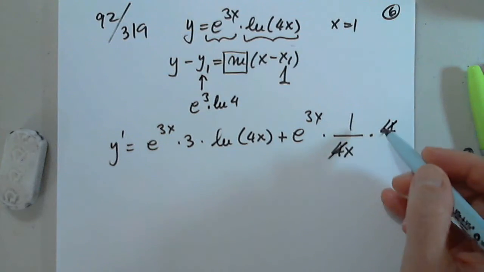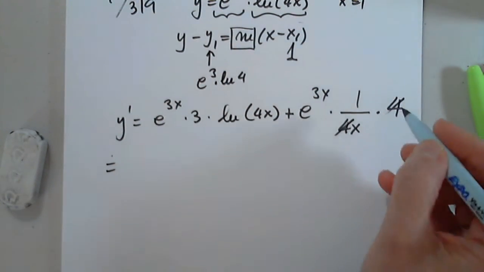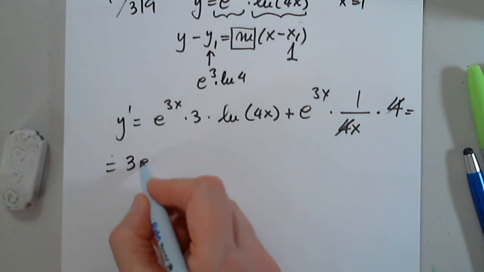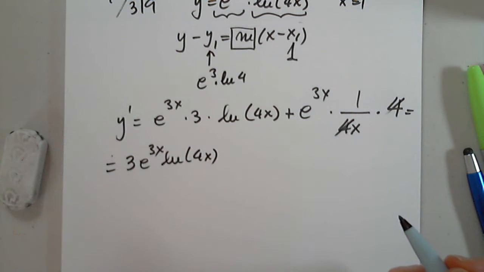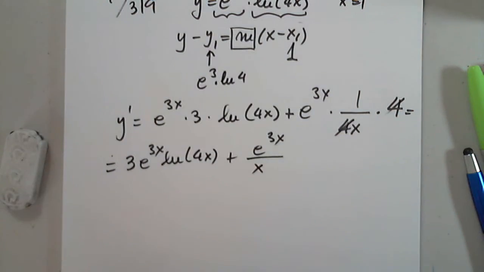So I'll simplify, and there is nothing else I can do here. So I just rearrange it a little bit: 3 e to 3x natural log 4x plus e to 3x divided by x.